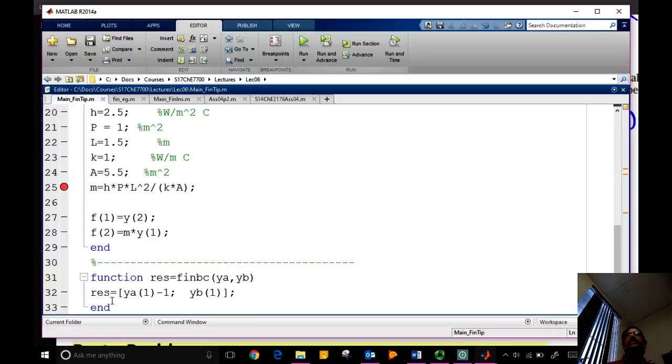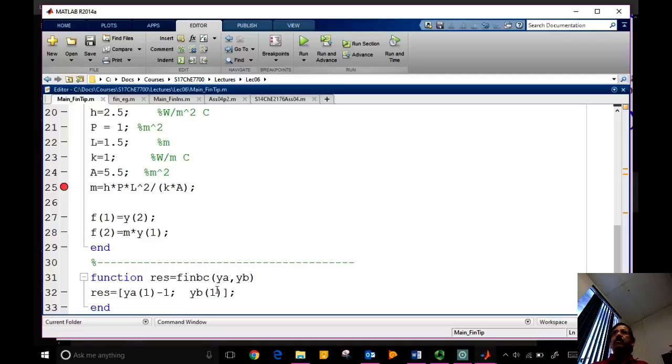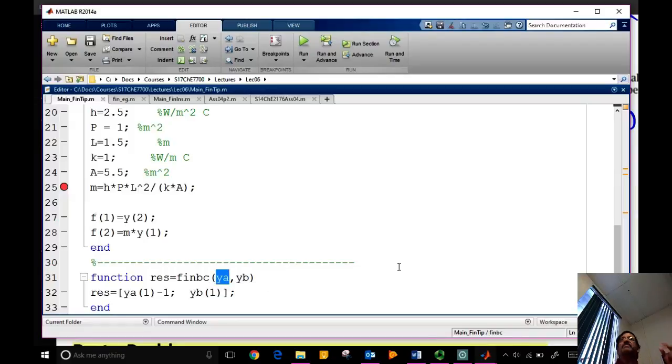So with that understanding, does this make sense? What we are saying is the residual is going to be a vector because there are two boundary conditions. So each condition will have a residual. The first boundary condition is theta equal to 1 on the left side, right? So YA is going to be a vector consisting of two numbers. A refers to the fact that it is on the left boundary, and B refers to the fact that it is on the right boundary. So each one will contain two numbers.